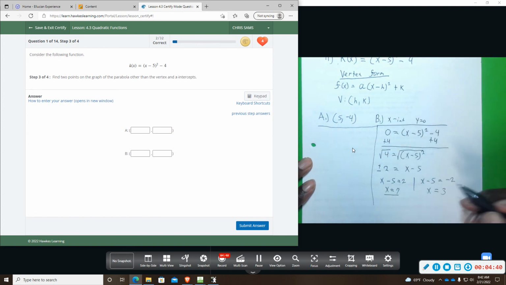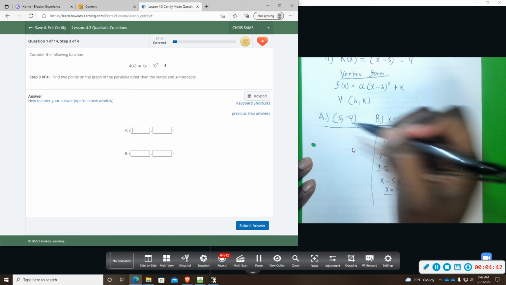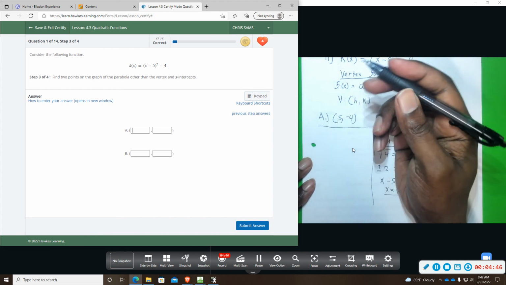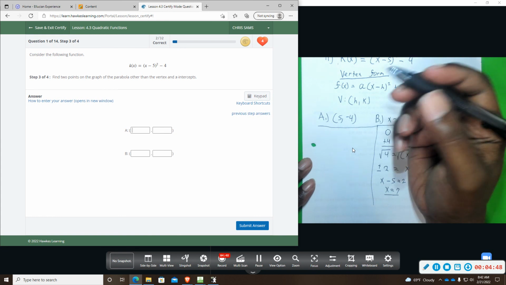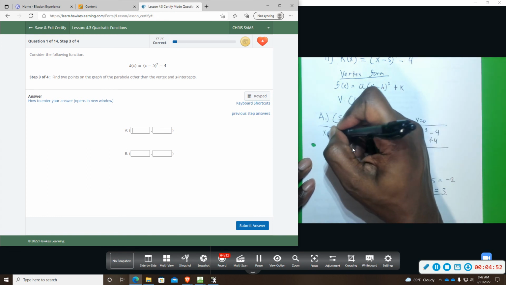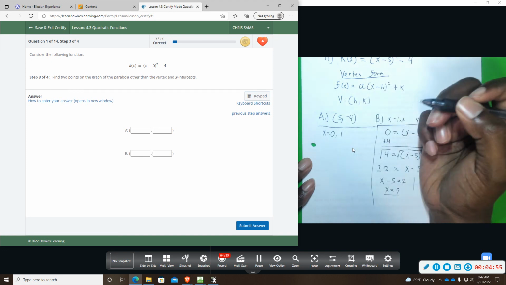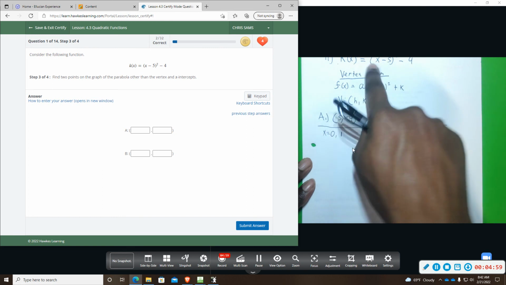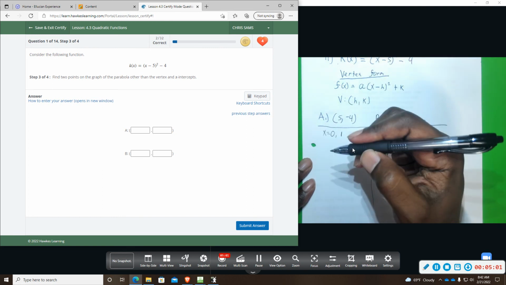We cannot use 7, we cannot use 3, we don't want to use 5. So we're just going to pick any 2 x values that will be easy to work with. Let's just say 0 and 1. Really small numbers, easy to work with. We're going to plug those in one at a time into the original equation, and it's going to give us two other ordered pairs.